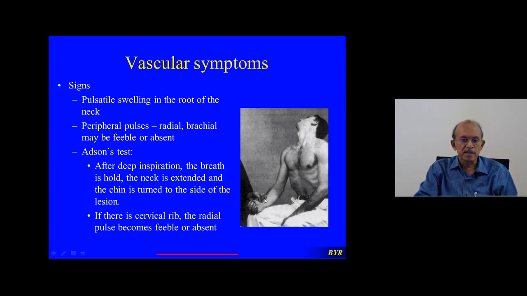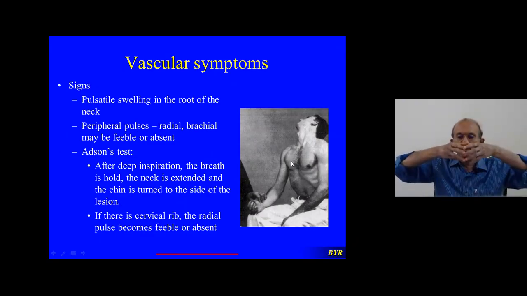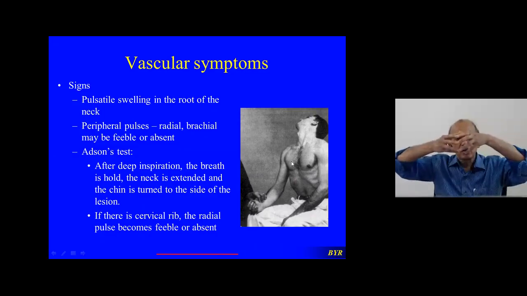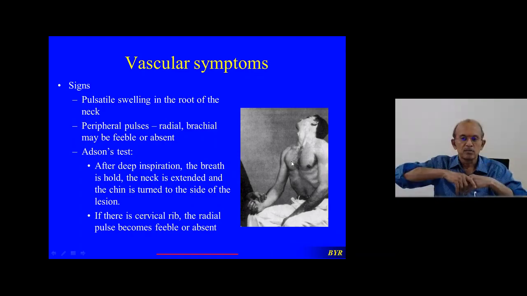If cervical rib is present, the radial pulse will disappear. So if he holds breath like this, the thoracic cage expands and the upper ribs are lifted up. Because of lifting up, there will be more angulation.